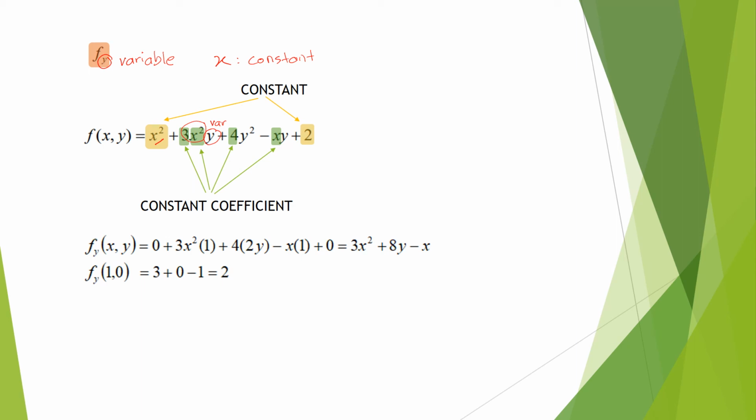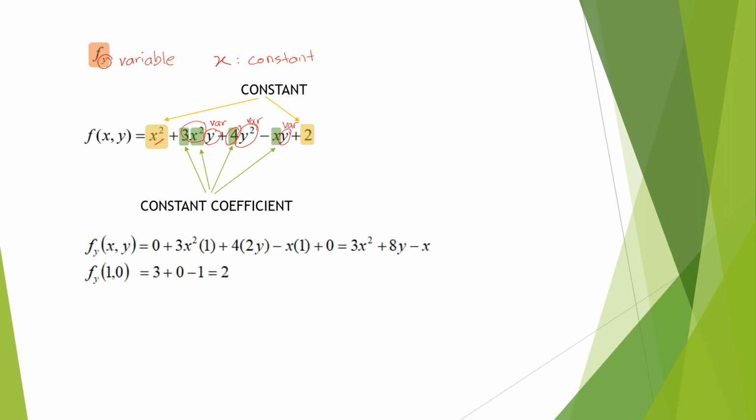And then here also we have y squared, so this is the variable. Anything multiplied with a variable is known as a coefficient.